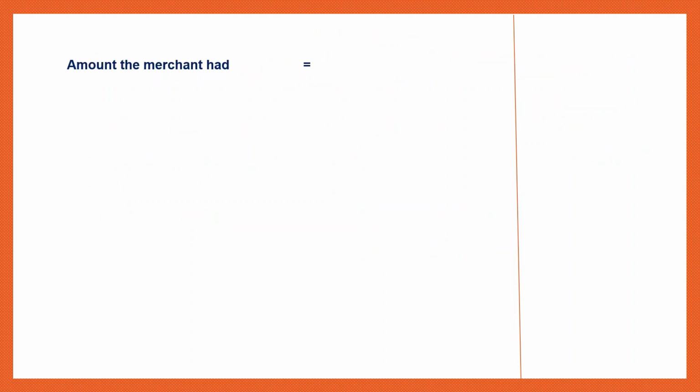Now, amount the merchant had. Remember, we have just found the cost of 40 radio sets. That means that is the amount that she has spent. So what was the amount that the merchant had in the beginning? Now, in the beginning, she had rupees, you can use a symbol also, rupees 78,592. This is the amount she had with her in the beginning. Now, amount she spent for the radio sets, we just found out.